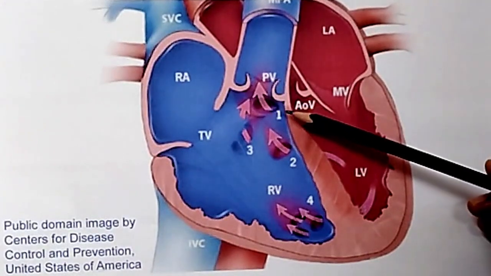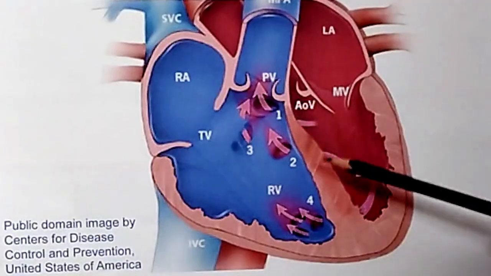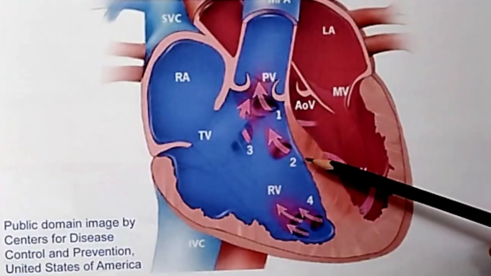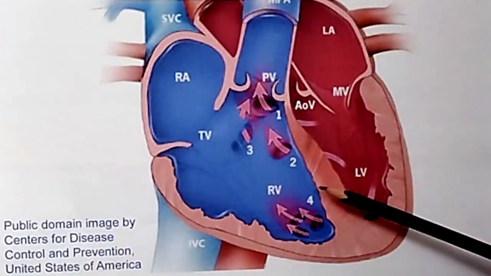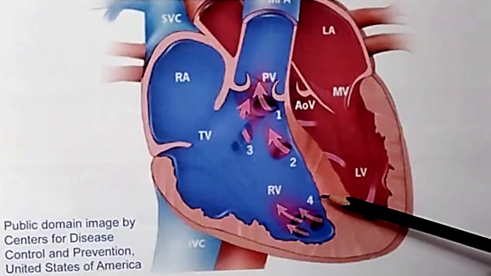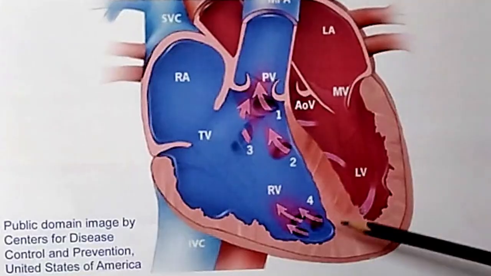This is the outlet VSD named as 1 here, and this is the standard perimembranous ventricular septal defect number 2, and here is the muscular ventricular septal defect. It need not be exactly in this position, it can be anywhere on the muscular portion of the interventricular septum.